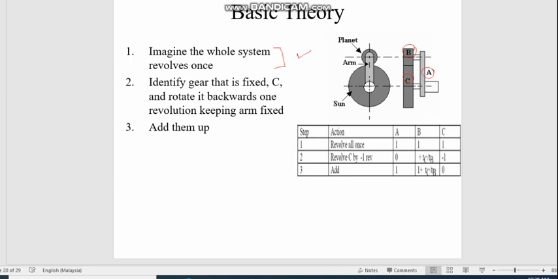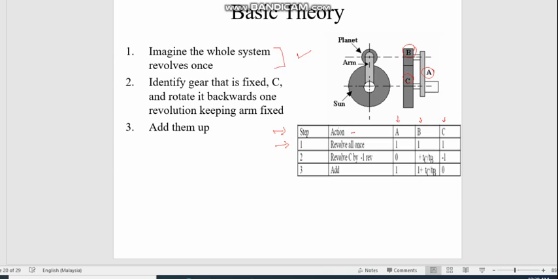So you have to set up a table as such. Step, action, and the gears. After that, step one is revolve all once. So you just imagine that all the gears in that particular epicyclic gear system revolve once.